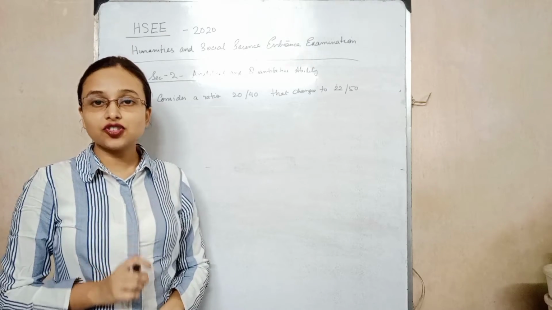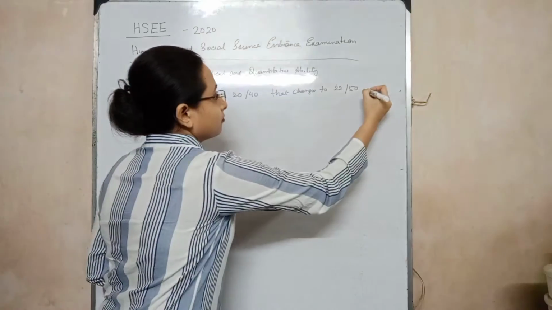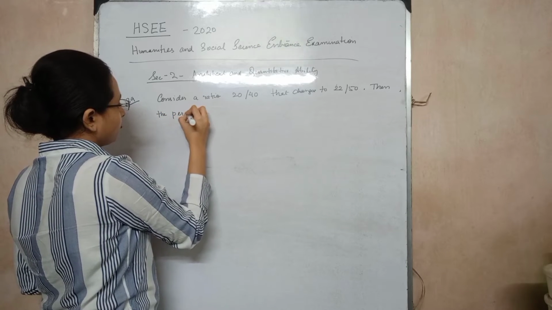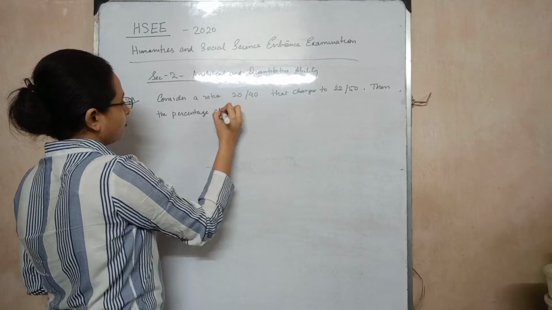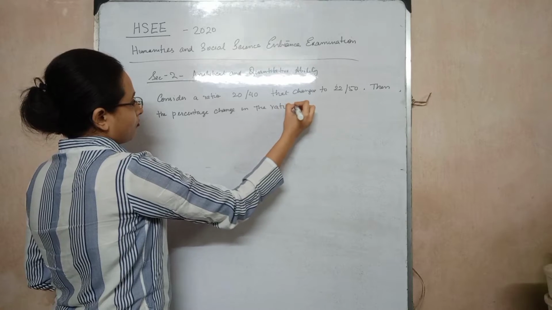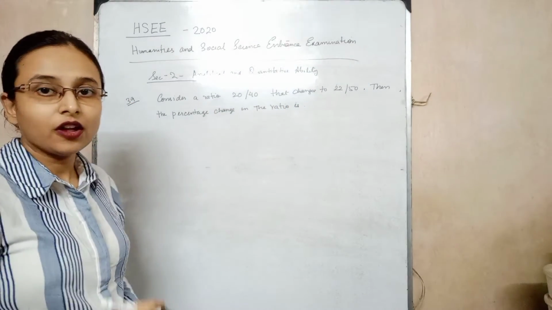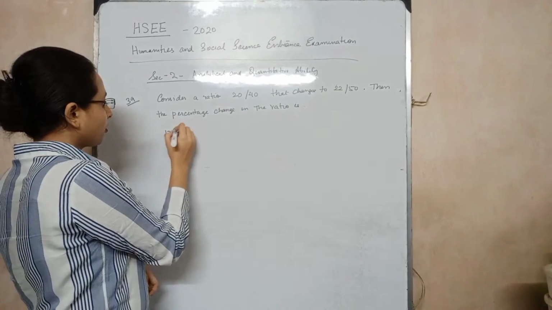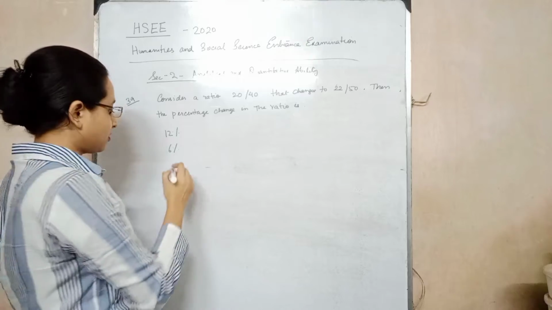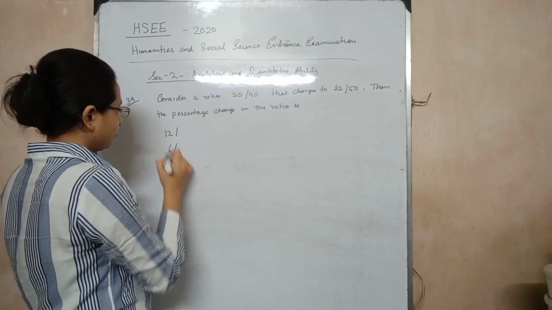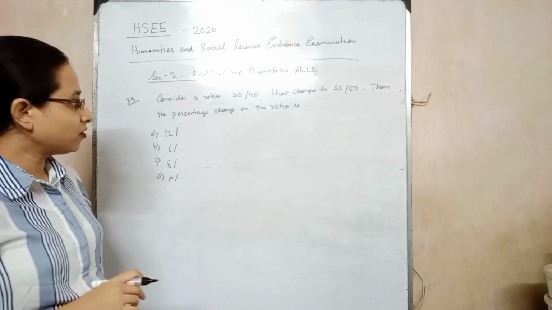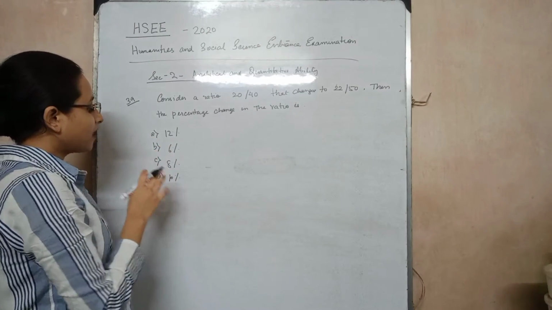Then the percentage change in the ratio is: first option 12%, second is 6%, third 8%, fourth is 10%. These are the four options given: 12%, 6%, 8%, 10%.